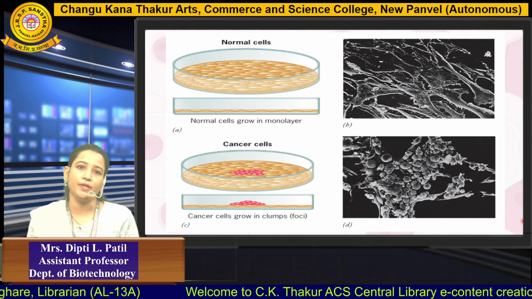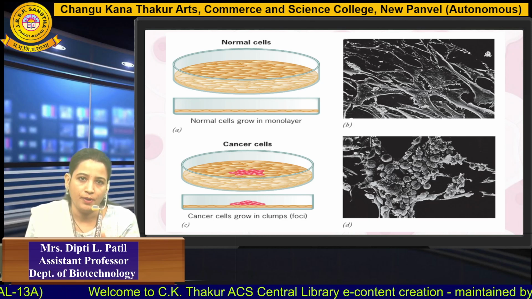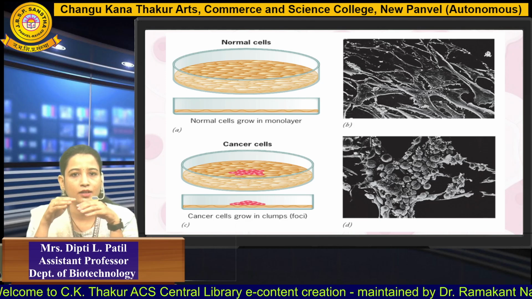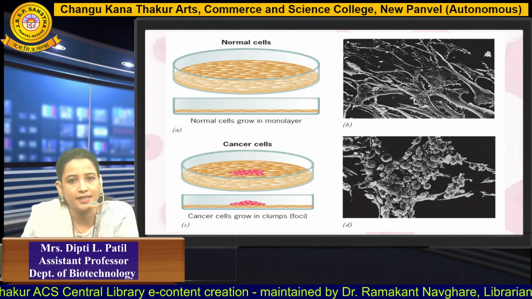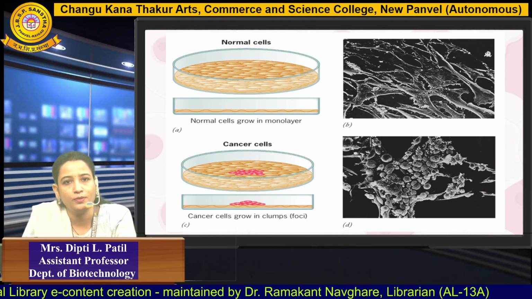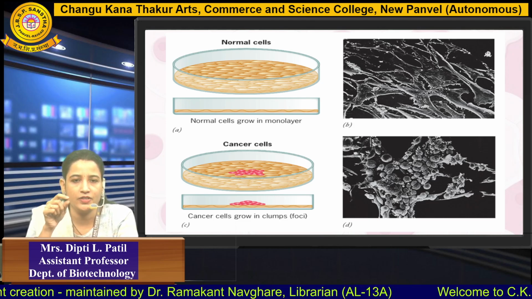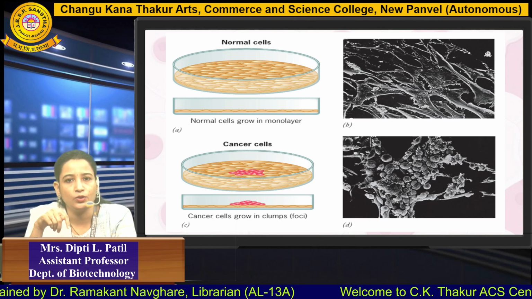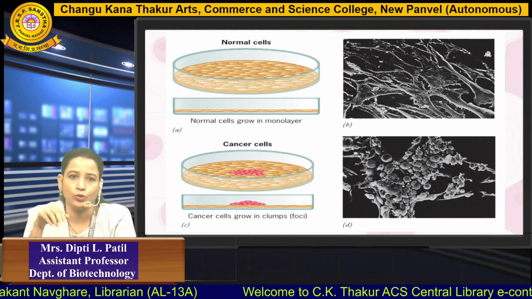If you look at the picture, two plates are given. On the upper plate, the normal cells grow in a monolayer, and on the lower plate, normal cells along with cancer cells grow in a lump. When we culture both cells, normal cells along with tumor cells taken from a malignant tumor, artificially on a plate, initially both show a similar growth pattern.